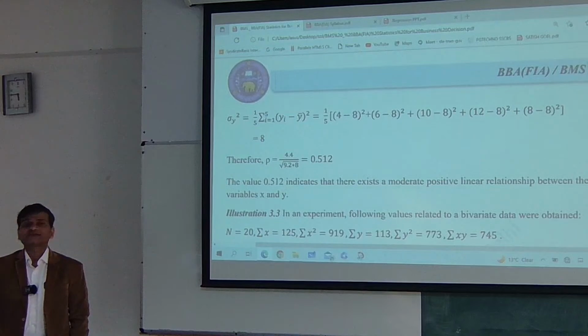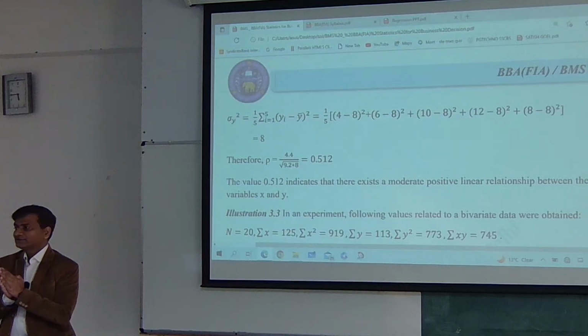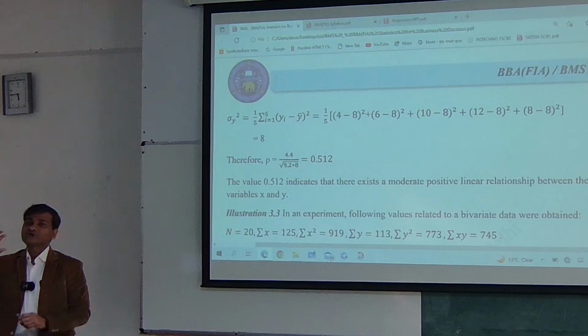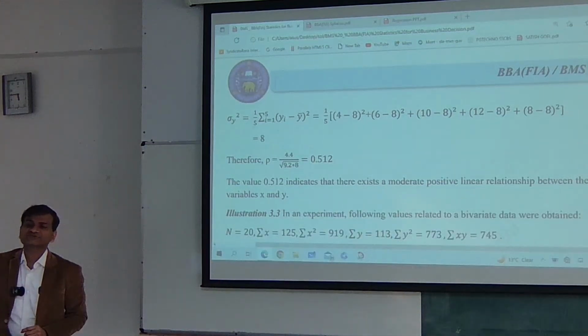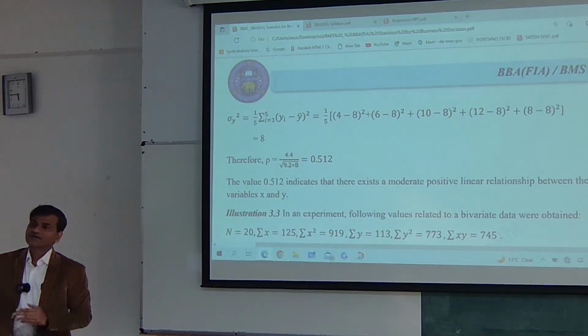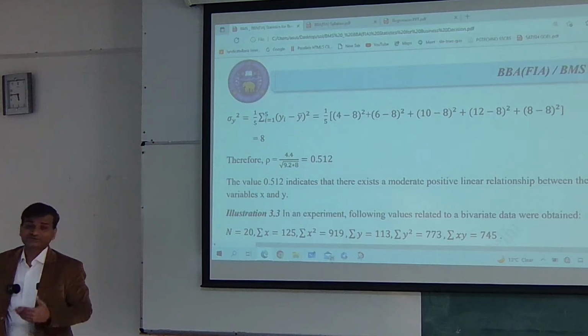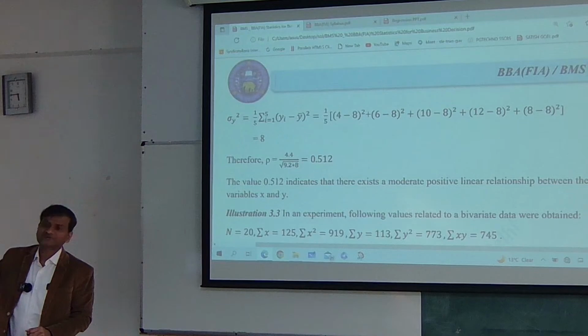Since it is a positive 0.5, what does it mean? There is a positive relation between x and y, and now you can use some words. What kind of relationship do you have? Positive and moderate. You don't have a very strong relationship. If you have a value more than 0.7 or 0.8, you can say you have a strong relationship.